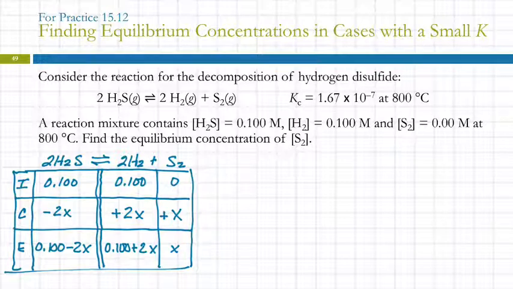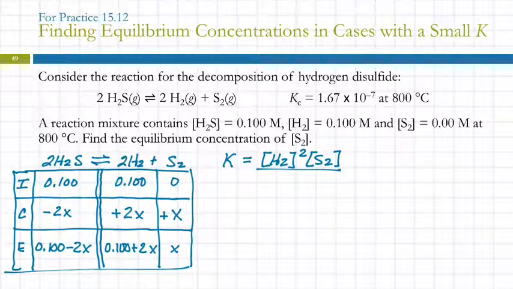Let's write the equilibrium constant expression. K is equal to concentrations of the products, so H2 squared and S2, divided by the concentration of the reactant, and that one's squared because it also has a coefficient of 2.